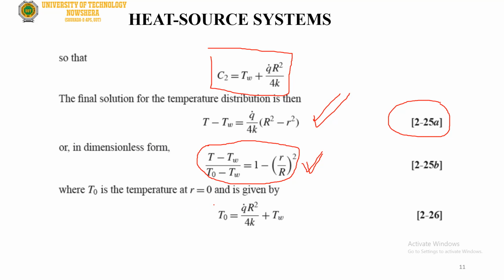Now you can see that when r is equal to 0, temperature is T naught, and this equation changes into this form.